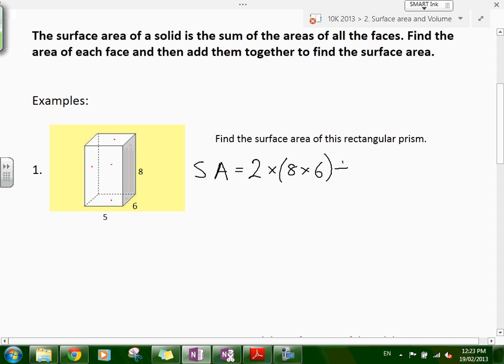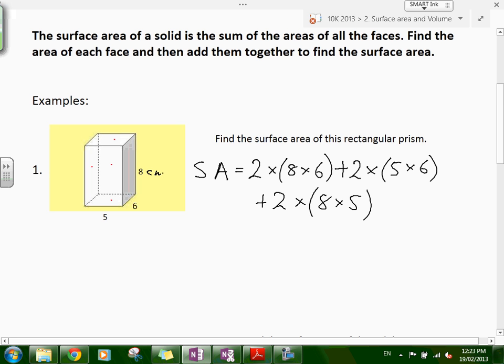Plus the top and bottom, that's 5 by 6, 5 wide, 6 long, and there's 2 of them, so 2 times (5 times 6), plus the other face is the 8 by 5, which is the front and the back, so 2 times (8 by 5).